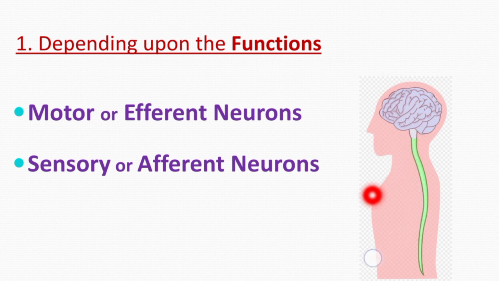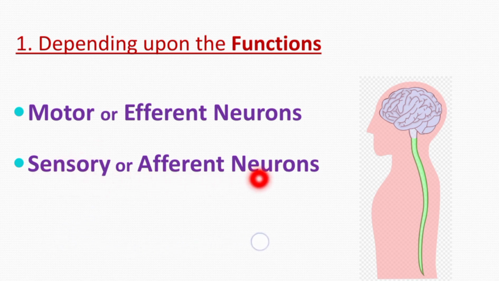CNS means brain and spinal cord, and periphery is all the body except CNS. So it means that motor neurons or efferent neurons are those neurons which carry the messages from the brain and spinal cord to all the body, while sensory or afferent neurons are the opposite ones.